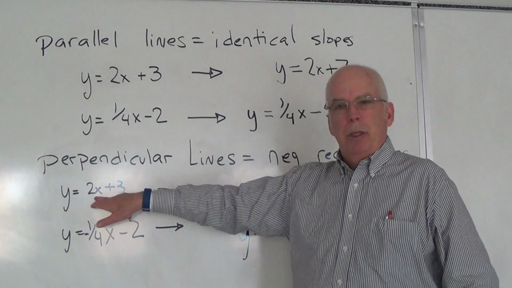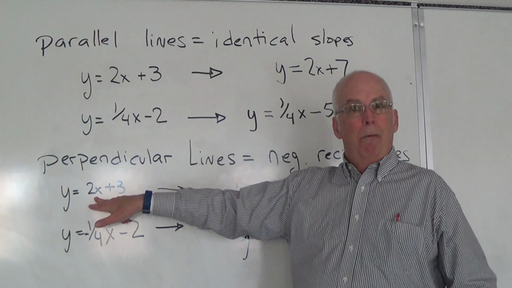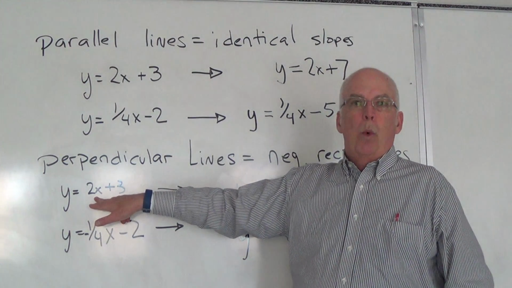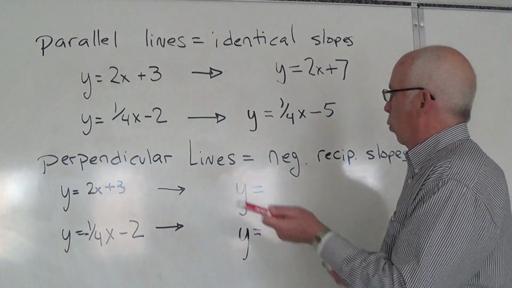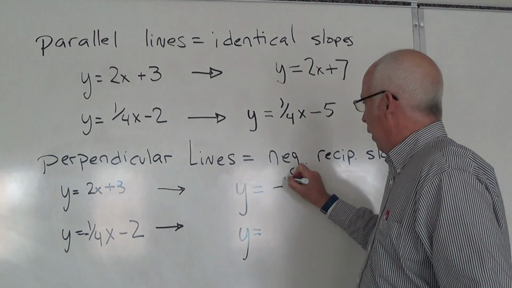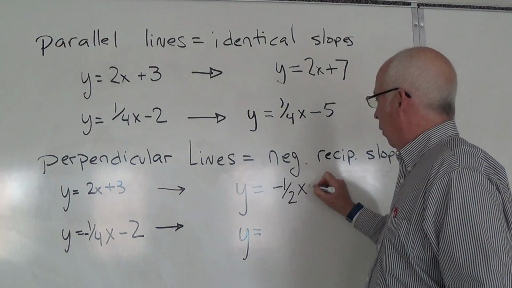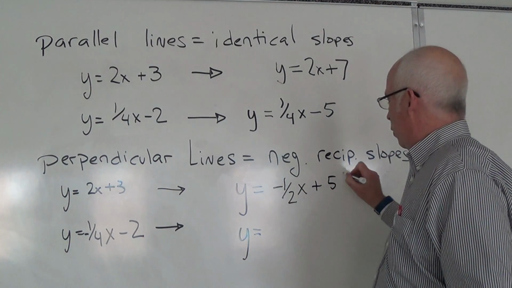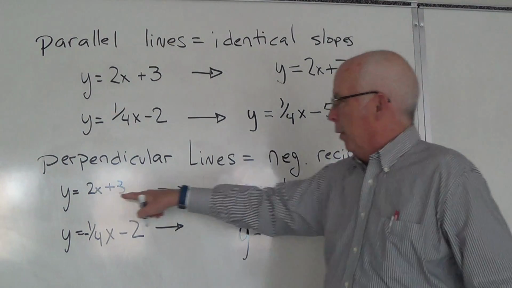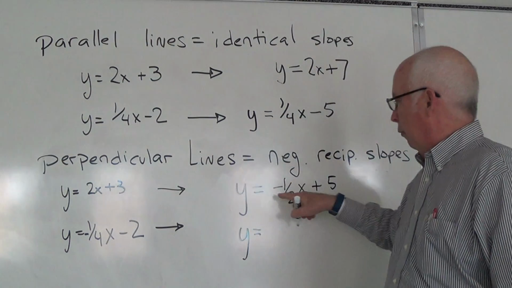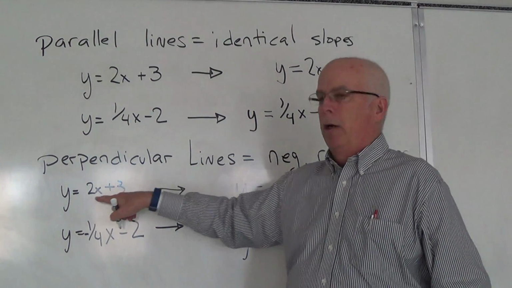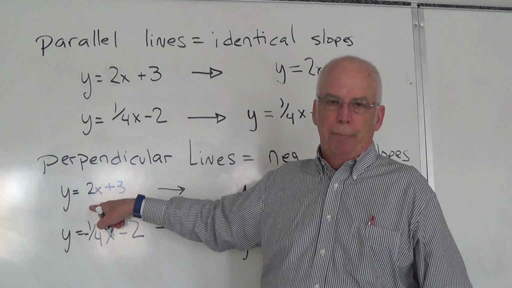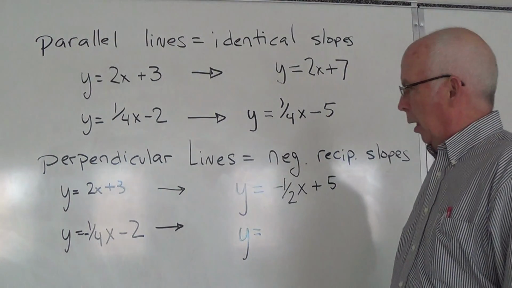The negative reciprocal of 2, or 2 over 1, the reciprocal will be 1/2, and we change the sign. So the correct answer would be y equals negative 1/2 x plus 5 as the y-intercept. So again, 2x is the negative reciprocal of negative 1/2 x, and negative 1/2 x is the negative reciprocal of 2x. Okay?